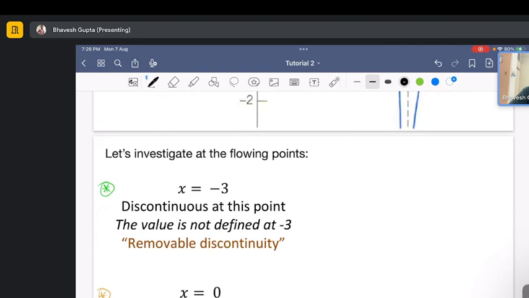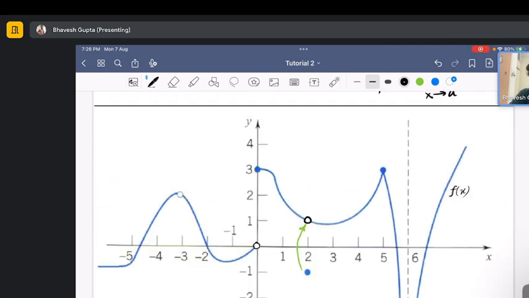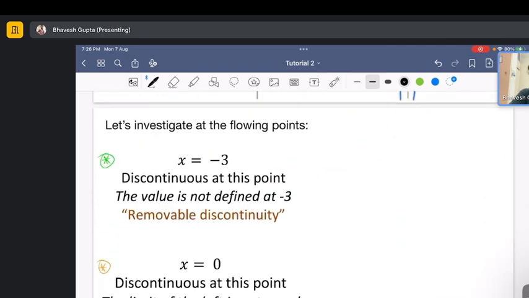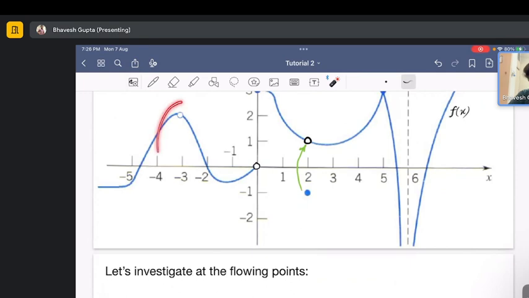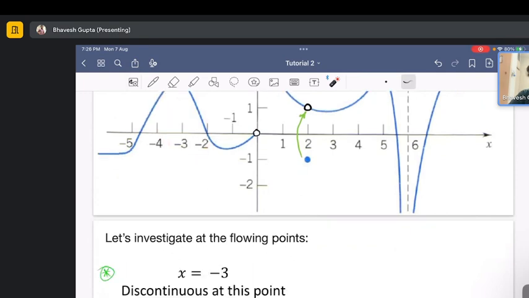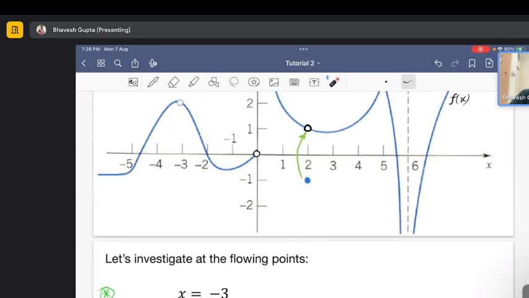So whatever I have said in this graph, I would like to go through one by one. I've written everything in these notes. Over here we see that at x equal to minus 3, for example, here. No, sorry, over here. So this is the point which we are trying to investigate. It is discontinuous at this point, but the value is not defined at minus 3.